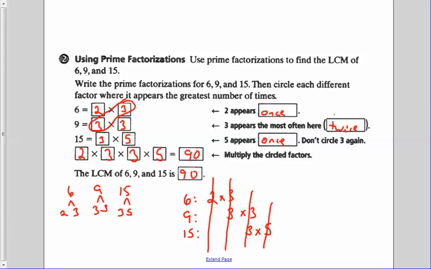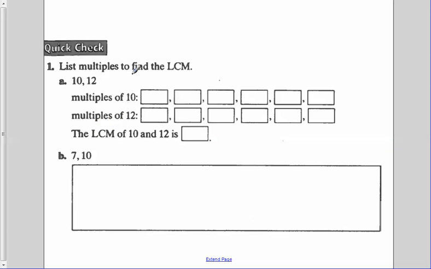Let's try another one. So the multiples defined, you list the multiples to find the least common multiple of 10 and 12. Well, 10, those are just counting by 10. 10 times 1, 10, 10 times 2 is 20, 10 times 3 is 30, 10 times 4 is 40, 10 times 5, 50, 10 times 6 is 60.